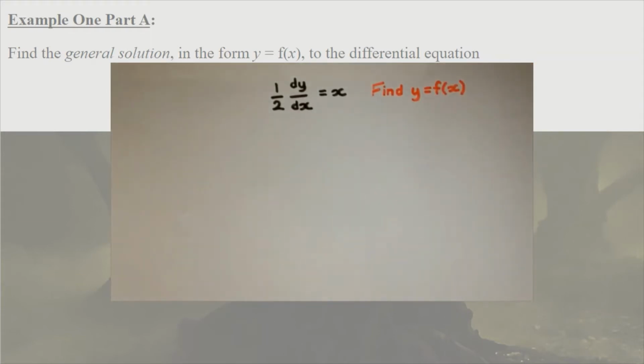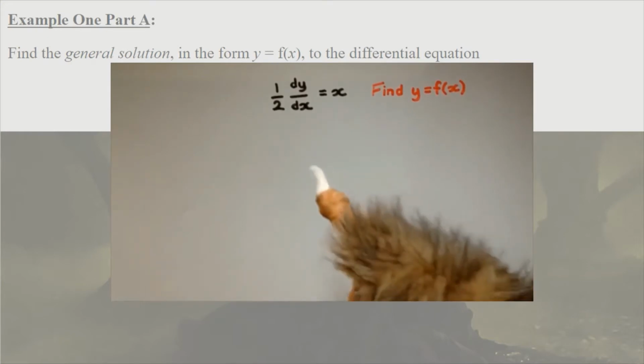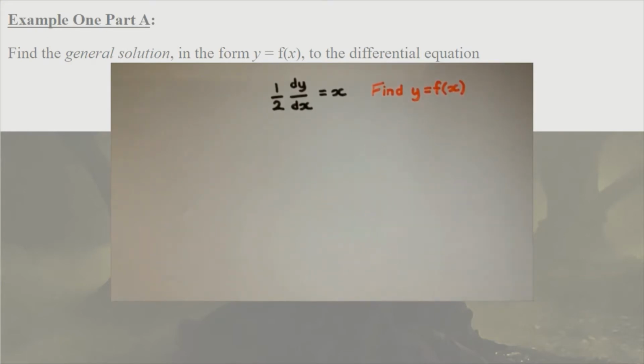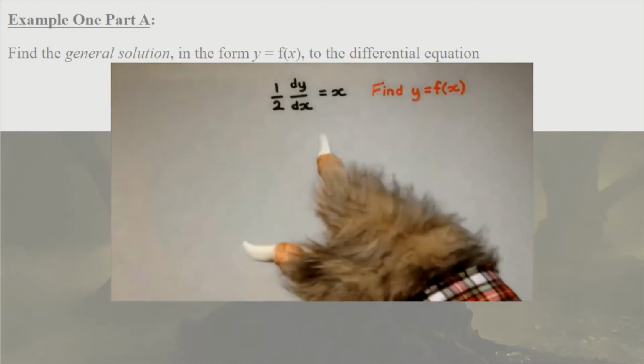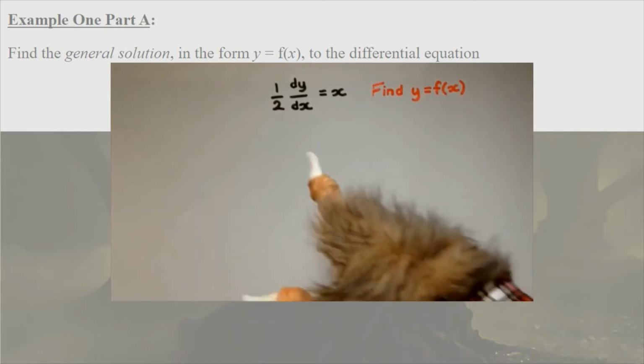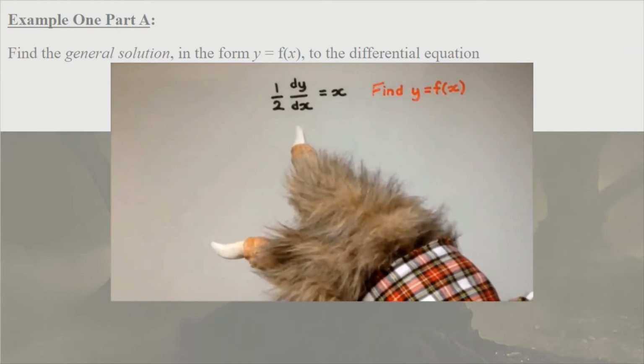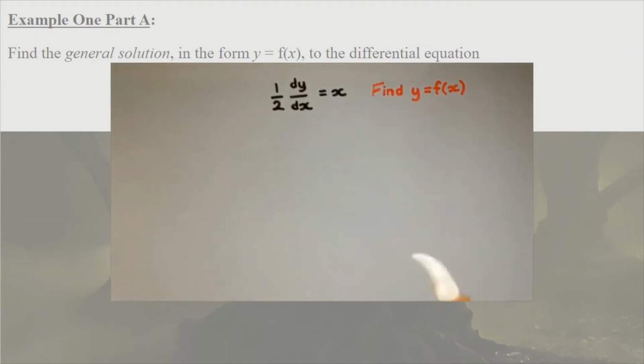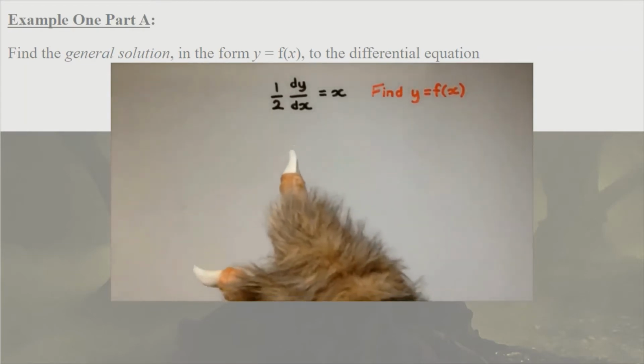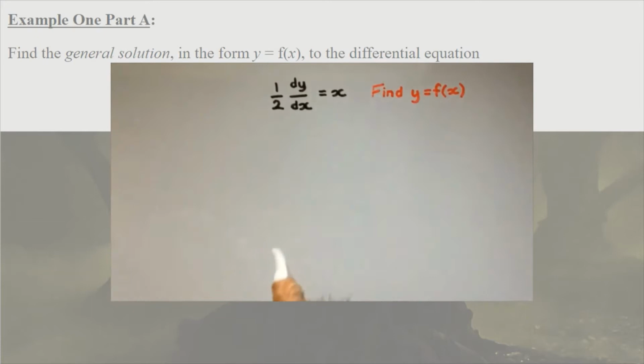That's our target. Well, we know a lot about algebra, and we know we can do a bit of manipulation here. So a good strategy might be to make dy/dx the subject, because we don't have dy/dx on its own, and that would hopefully make finding the original function a little bit easier. So let's have a look what we can do. Well, we've got half there. Let's multiply both sides by 2.